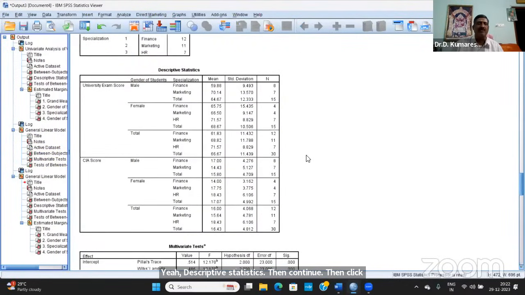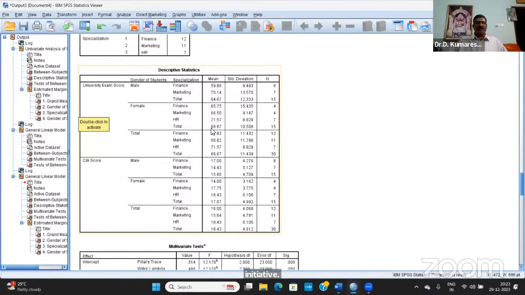Right. Look at here. Different interpretations are there. See, male, finance, and university exam. Male, marketing and university exam. Female, finance, university exam. Female, marketing, university exam. Female, HR, university exam.